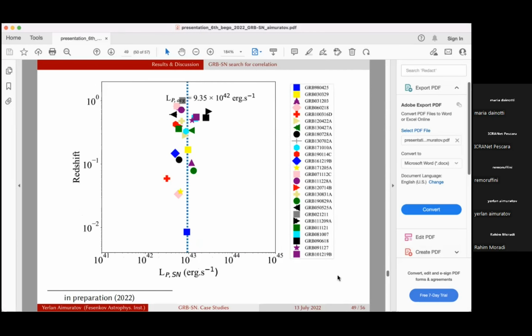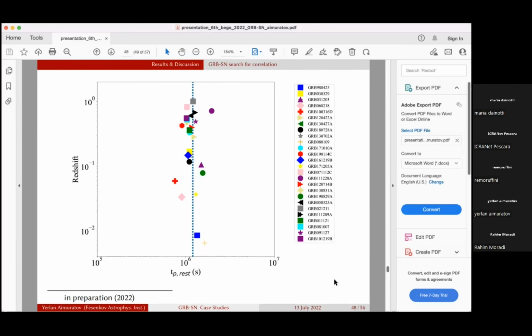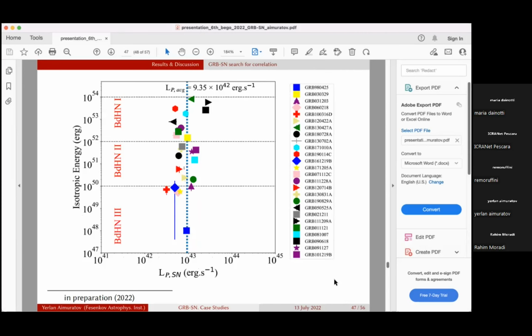The big issue, going back to the BDHN1, BDHN2, BDHN3, is how can it be that there is such an enormous difference in energy in the gamma ray burst.